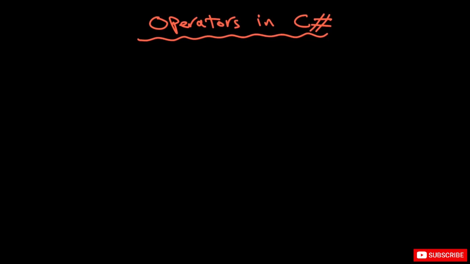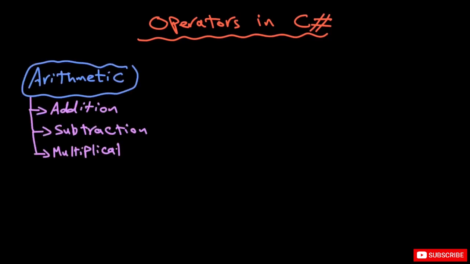Hello and welcome to this lesson about operators in the C# programming language, used to perform different operations on variables and values, theoretically. First, the arithmetic operators in the C# programming language.